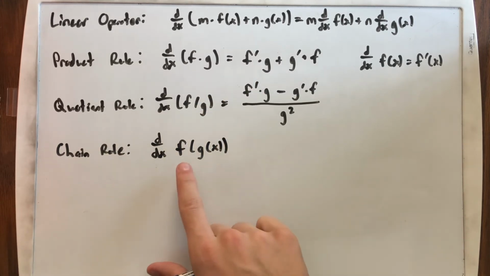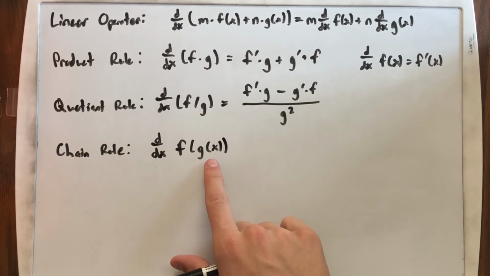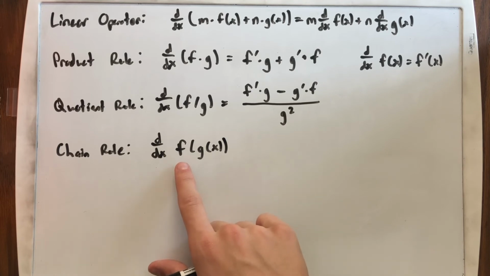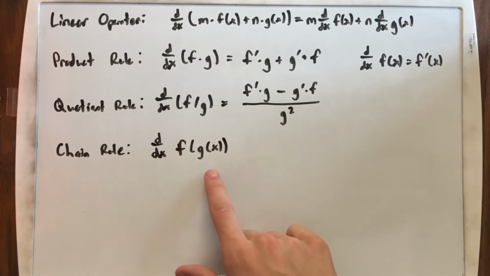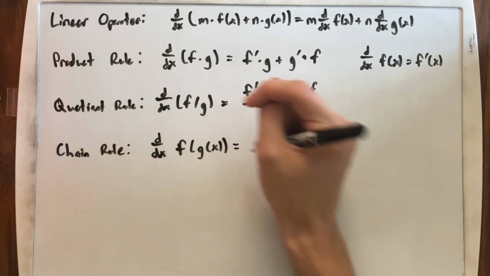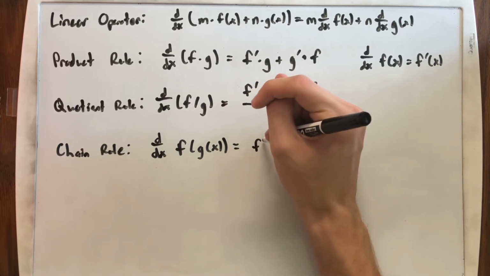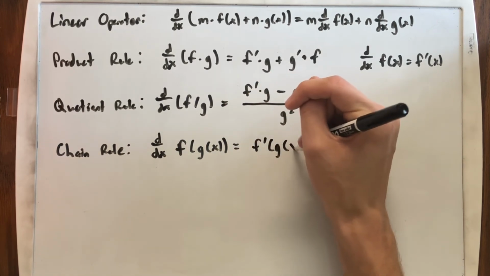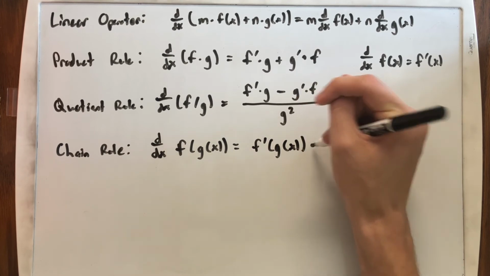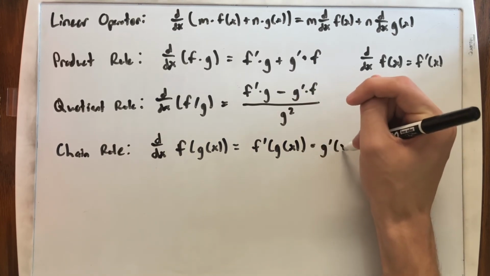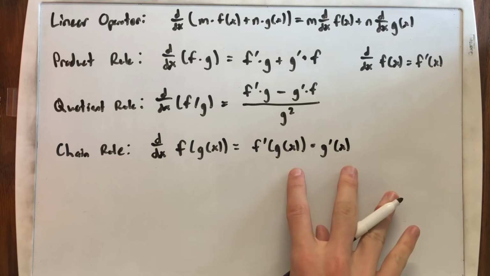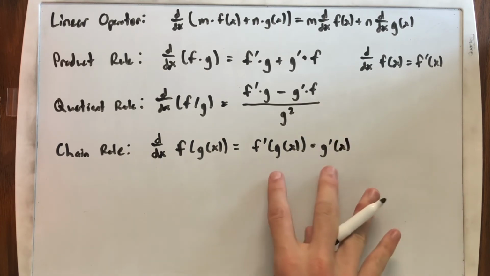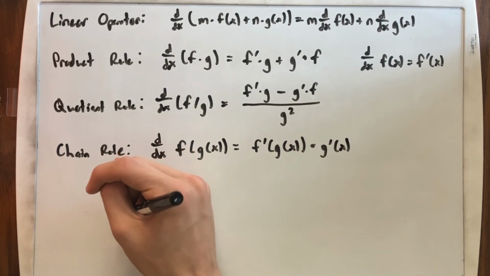Now this just means that you use g of x, which is a function, as an input for another function, f of x. And the result of this is f prime of g of x times g prime of x. Now, since this was a little bit harder to think about than the other two, since it looks a bit more abstract, we'll use a quick example.